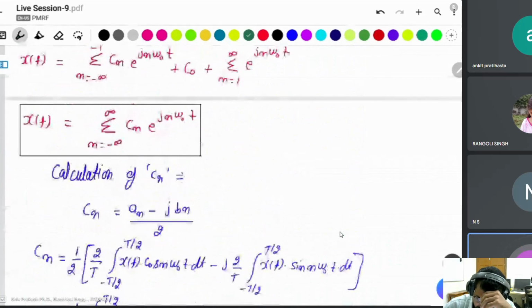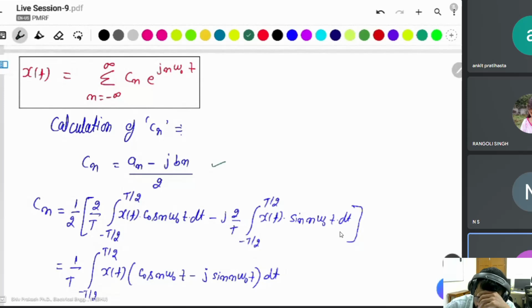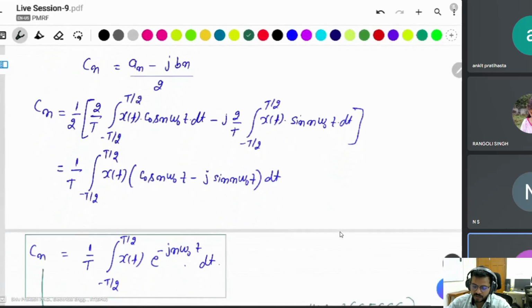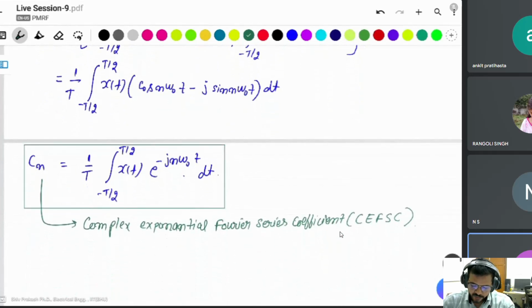Okay. A simple way we can calculate is by An and Bn. First of all, calculate An and Bn. Here, you can draw this one. There are two things, x(t) is, don't confuse between them: x(t) equals sum n from minus infinity to infinity Cn e to the power of j n omega naught t.